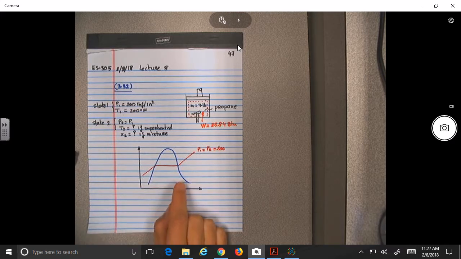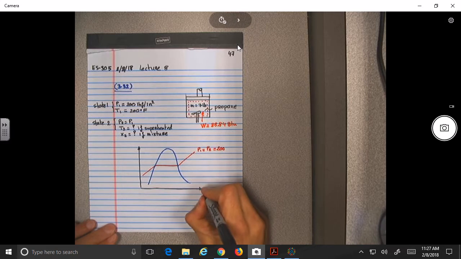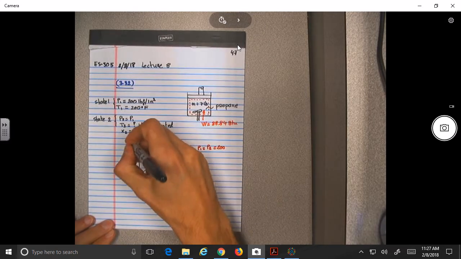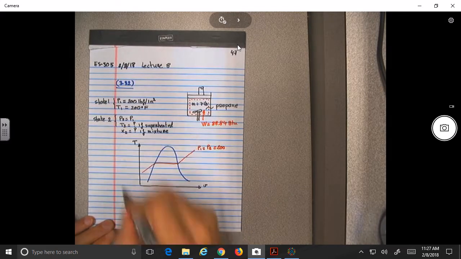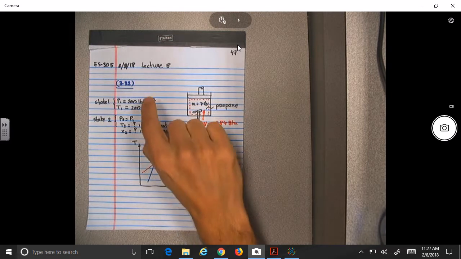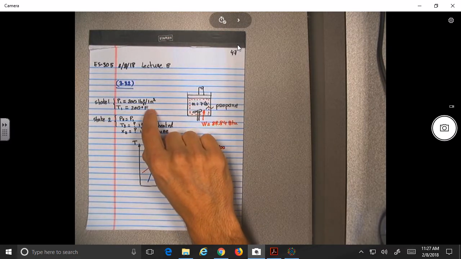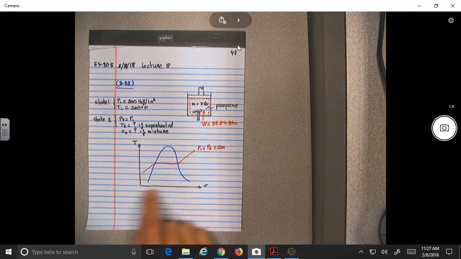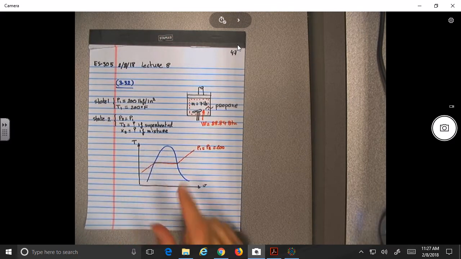Okay, so if this is the line of constant pressure, here what do we have? V, and over here, what do we have then? Temperature. Okay, so in order to determine the states, we always need to know two different properties. If you only know one point here, let's say around V, you don't know where to go around T, no?